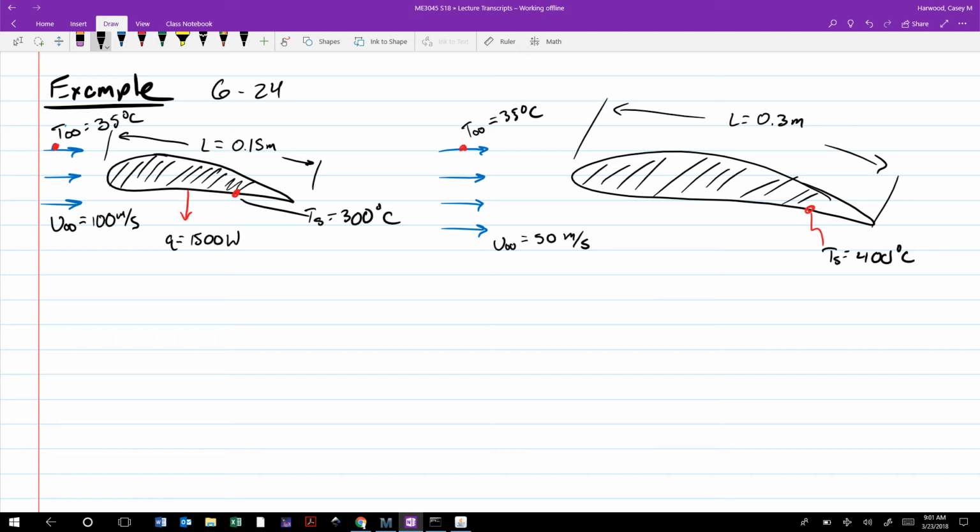So the question is, what is going to be the total heat transfer rate out of this larger modified blade?